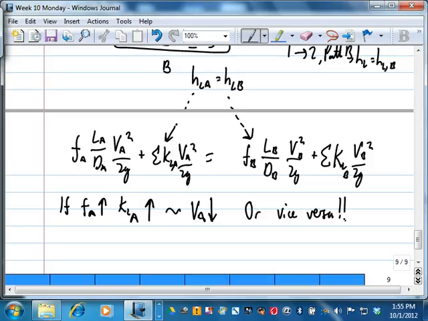It's basically what I'm saying here: the water or the fluid will choose the path of least resistance. So if it's very hard to go down path A and very easy to go down path B, more fluid will go down path B and less fluid will go down path A. Or vice versa. Is that alright?